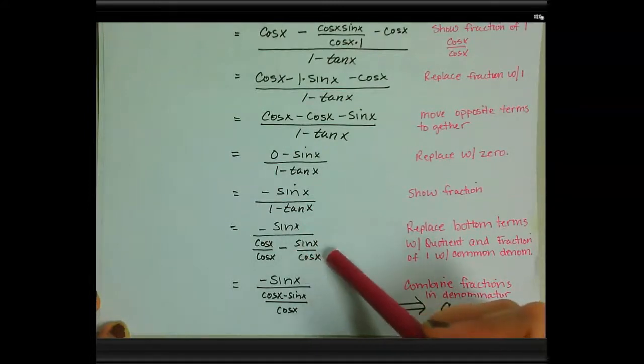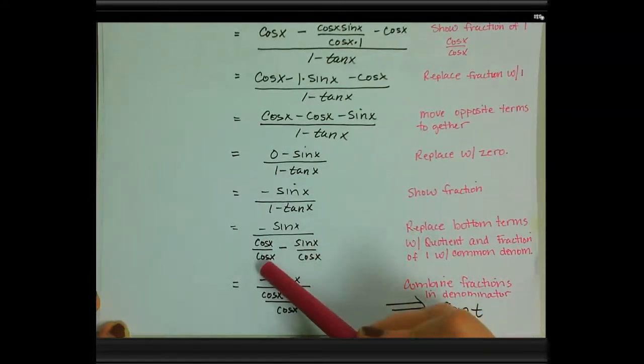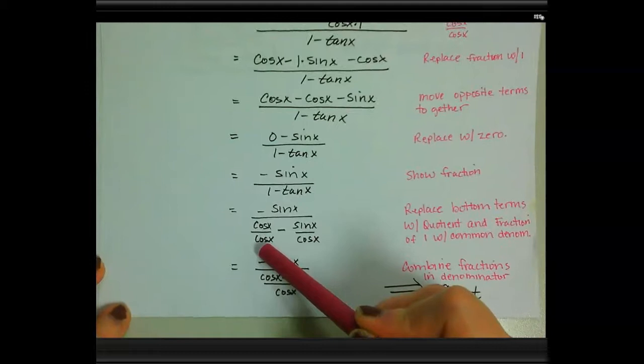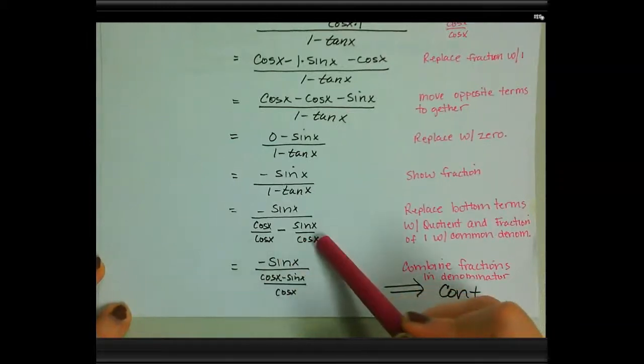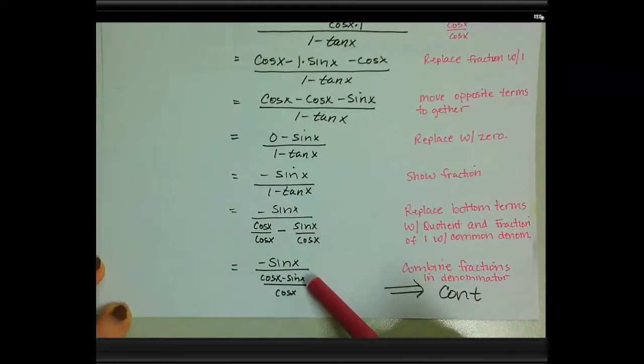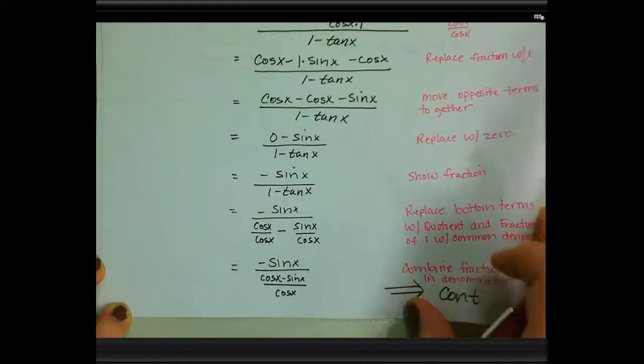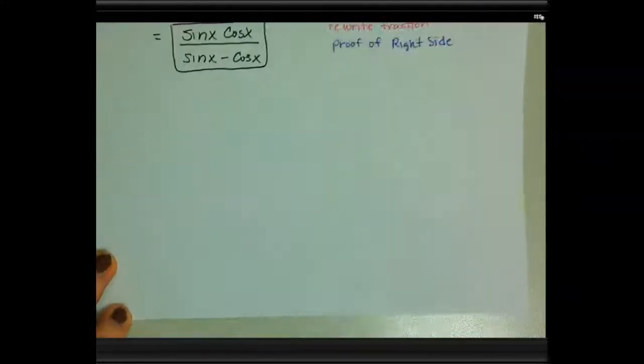So after I had my identity over here, it became easy to see what is the unit of 1 that I want to change that 1 to, the fraction I want it to be. If I change it to cosine x over cosine x, I have a common denominator. So now I have in the numerator cosine x minus sine x over cosine x. Okay, so as that sinks in, I'm going to move on to the next page.